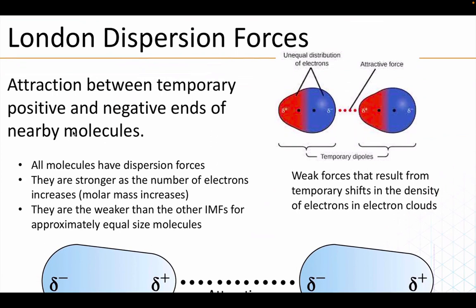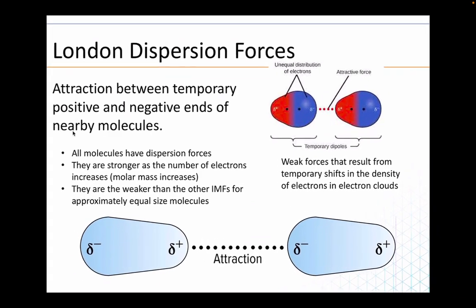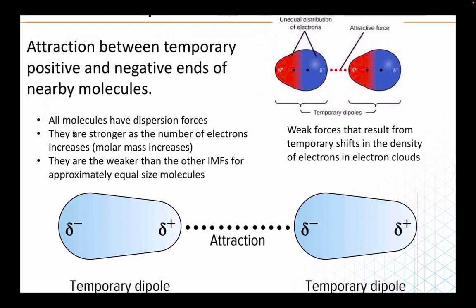So LDF, London dispersion forces: every molecule has these. They all have electrons that can temporarily go to one side of the molecule and away from the other side, which creates a partial negative on the side where the electrons are moving and a partial positive where they came from. The dipoles themselves, the electrons moving to one side or the other, are temporary.